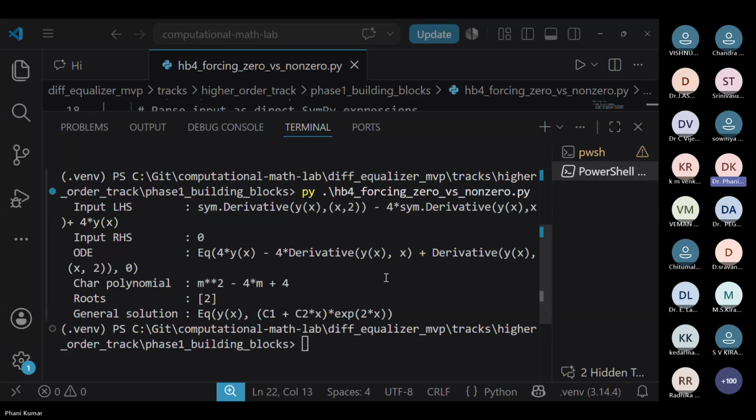Then what are the roots? The roots are repeated, right? So what is the general solution? C1 plus C2x into e power 2x, right? This is good. So the first example says different roots. Second example says when the roots are repeated.